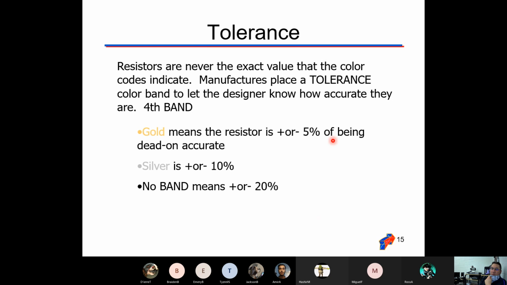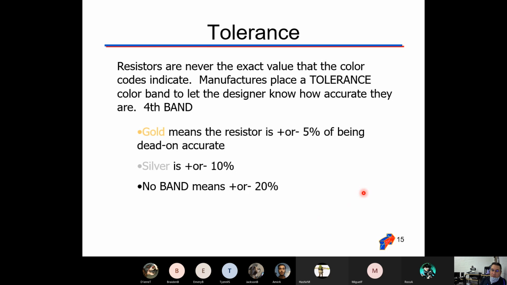So what they do is they get it as close as they can, and the quality of that resistor will be given a tolerance value. If it's within 5% above or below the value it should be, it's going to get a gold. If it's 10% above or below the value, it's going to get a silver. And if there's no band at all, then you're looking at 20%, which is not a very good resistor.